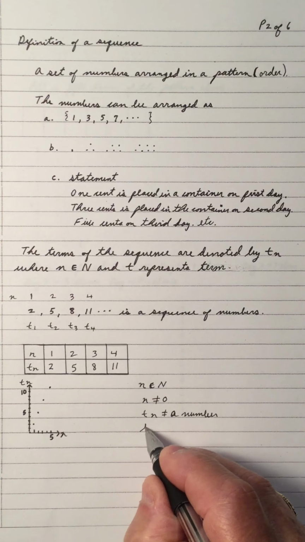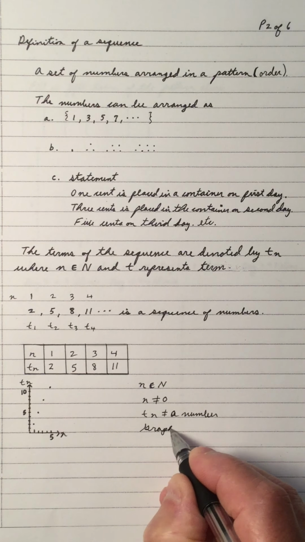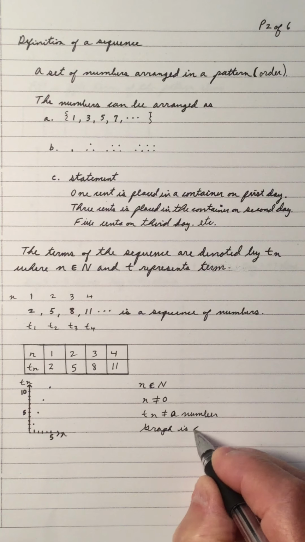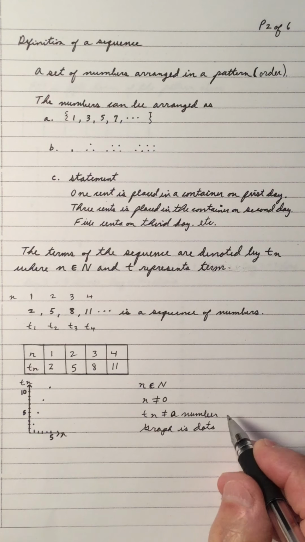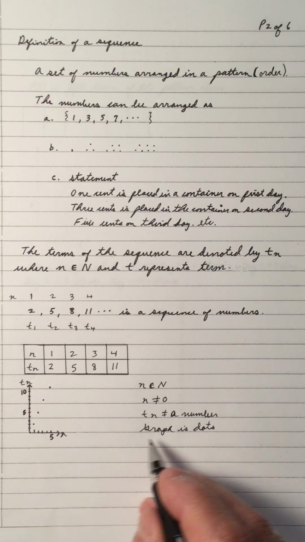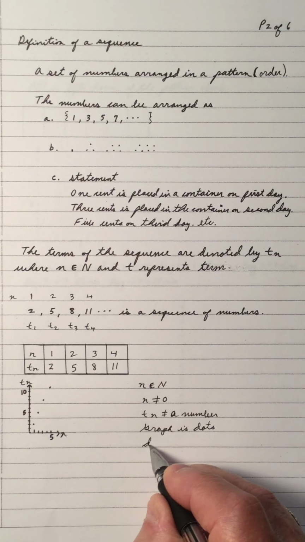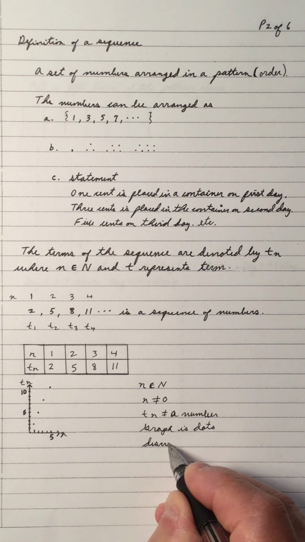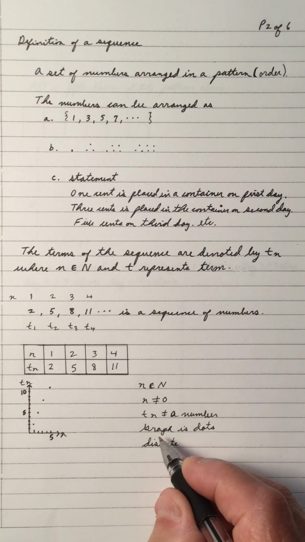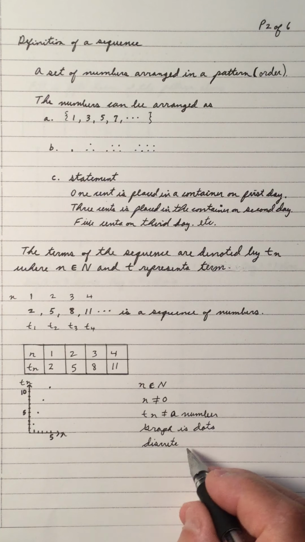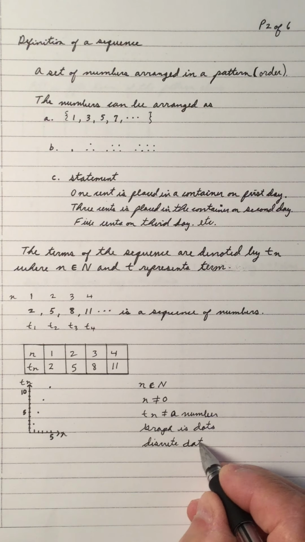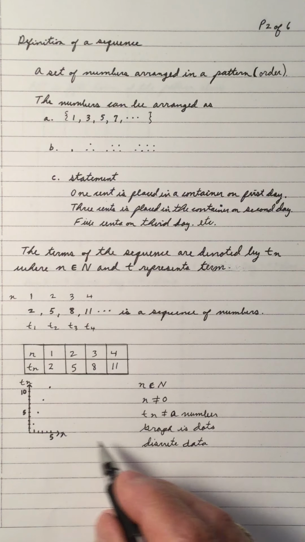And also, notice that the graph is dots. The graph is a set of dots, and a set of dots is discrete. Discussed that earlier on in the linear. This is discrete data. Notice discrete data, dots.